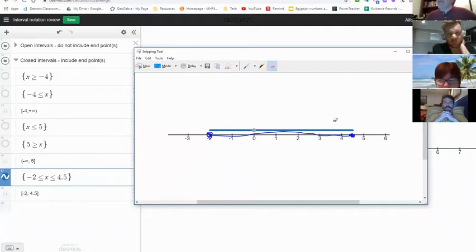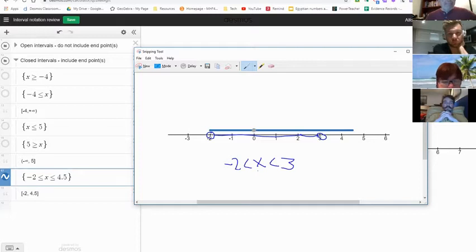If the dots are not filled in, I could have, for example, this interval, I'm going to stop at 3, would be open. It would be the equivalent of this, -2 between 2 and 3.